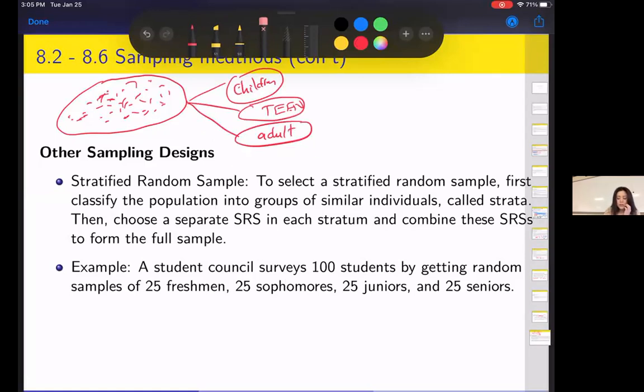I'll just put adult and senior together because they are adults. So I have three. Those are called strata, right? Each of these is called a stratum. Stratum 1, stratum 2, stratum 3, right? So from each stratum, I'm going to pick a few of the children, a few of the teenagers, and a few of the adults. And then I'm going to combine those together into one sample.